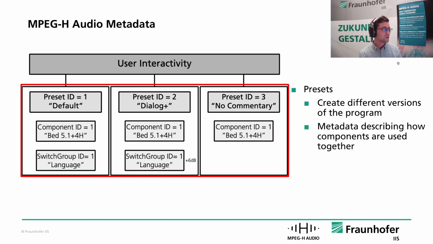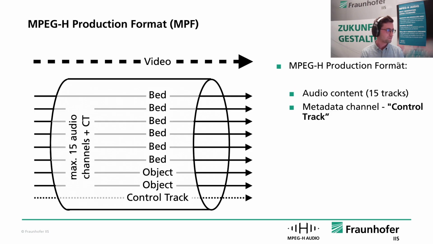Then we added on the dialog plus preset a boost of 6 dB to enhance the speech intelligibility, and we have a no commentator preset, which doesn't include any commentator at all. So as you can see, it's basically one mix with different versions, only defined over metadata.